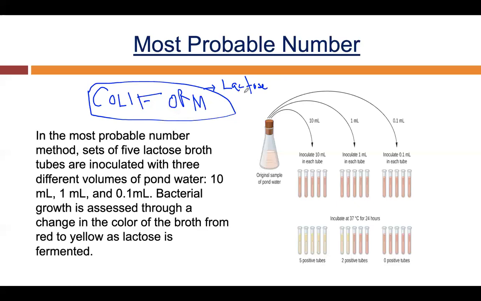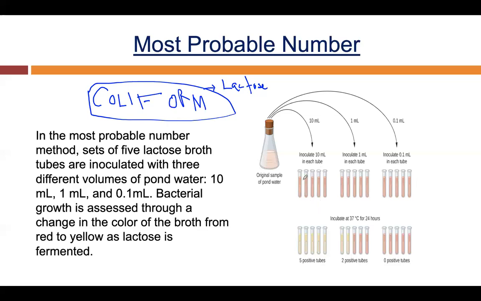So coliform bacteria have the lactase enzyme, so they can ferment lactose. What we do is take 3 sets of 5 tubes, and each tube has lactose nutrient broth.